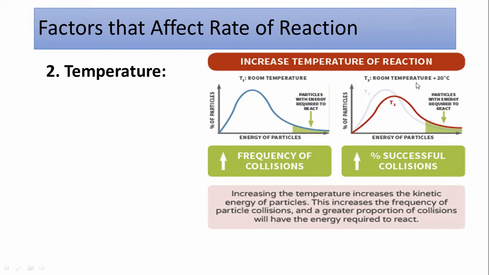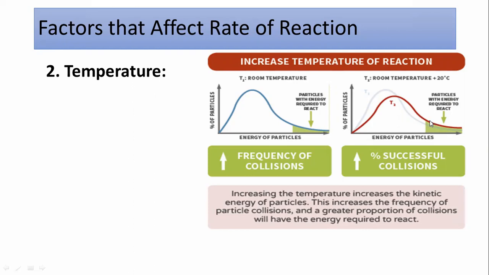So what is happening over here? Now, this is the energy of the particles. Now look at this point, and the same as this point, this area is more as compared to this area. That means the particles with energy required to react are more in this case as compared to this one.